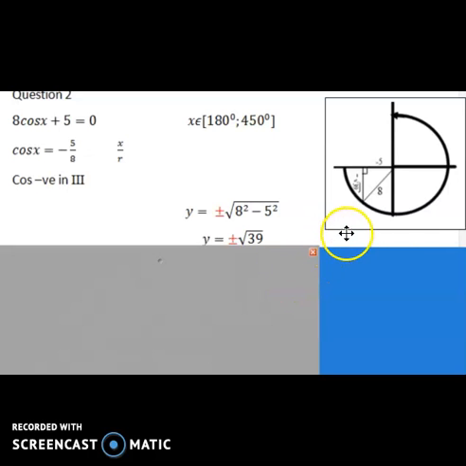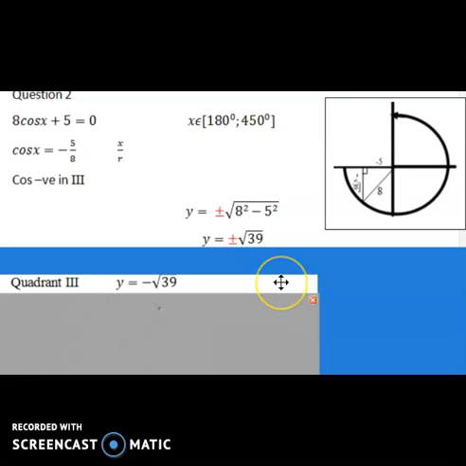So y could be positive values or it could be negative values. But y will be negative because we are speaking of the third quadrant. Y will be negative square root of 39. Quadrant 3, y is negative square root of 39.